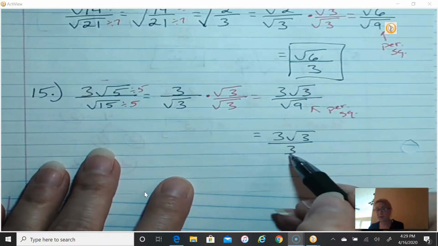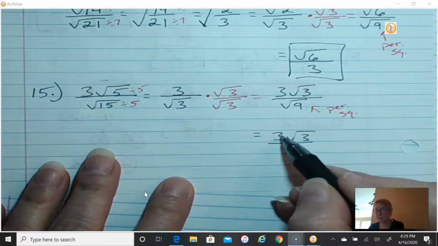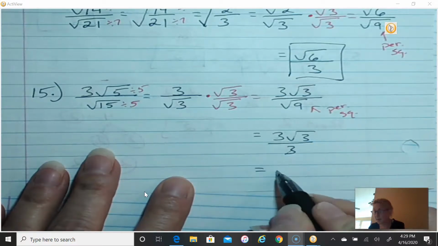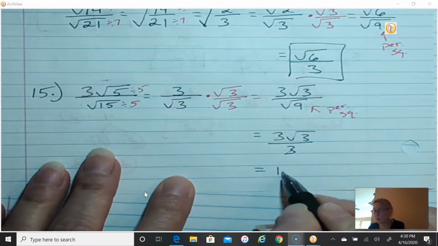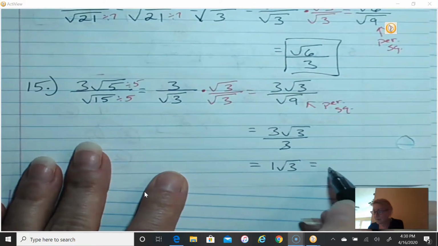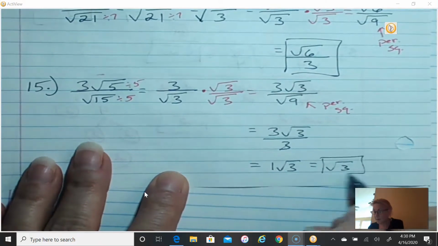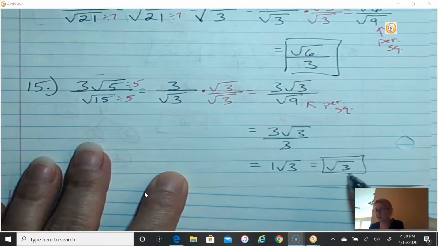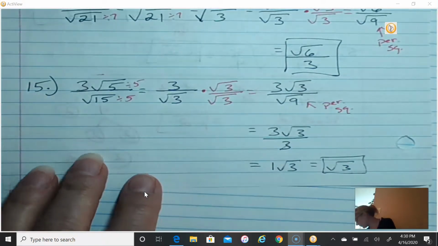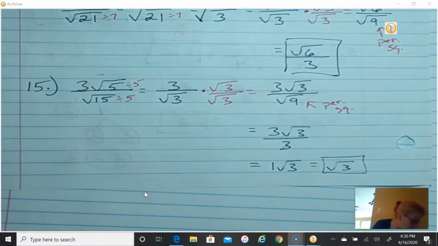So 3 divided by 3 is 1. So basically they kind of cross out. Because 3 divided by 3 is 1. If you wanted to put a 1 there, like that, that's okay. But this would be your answer. That right there, that radical is left over. Okay? 15 is like at the very bottom of all the work that you have to do, so that's why it's a weird problem.